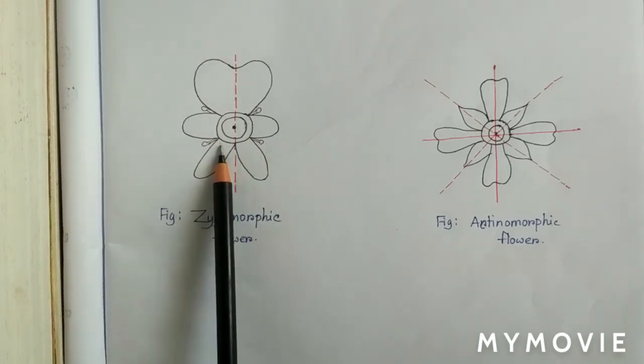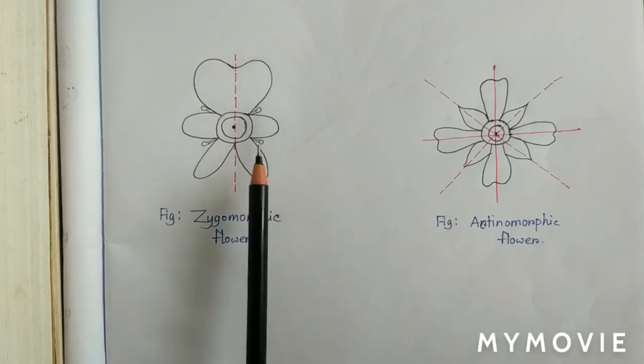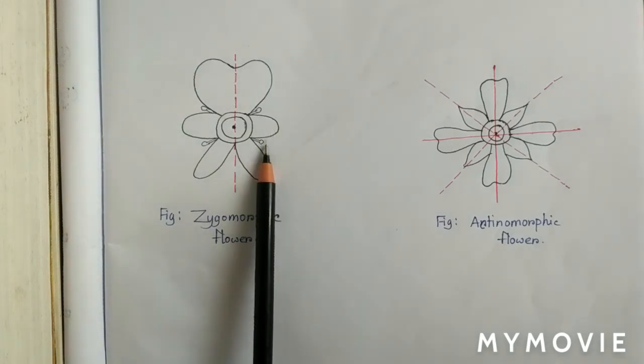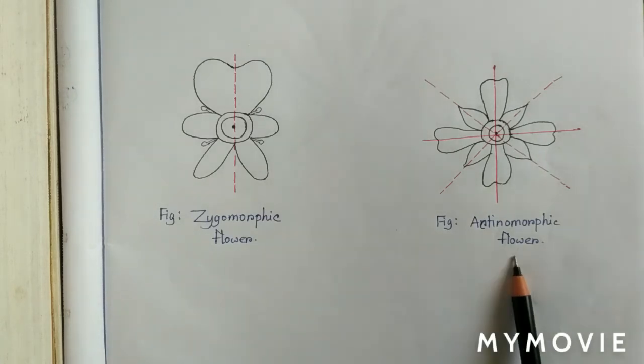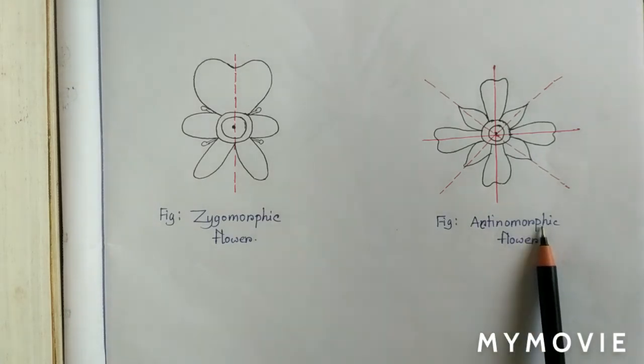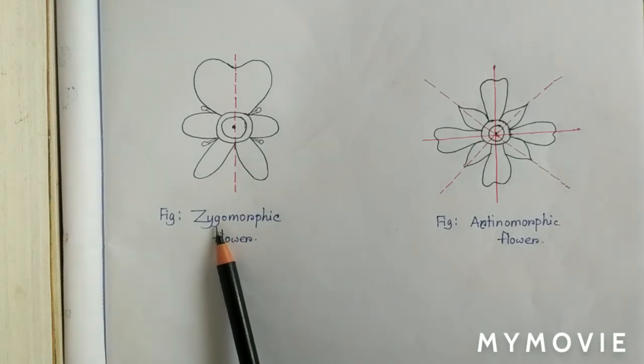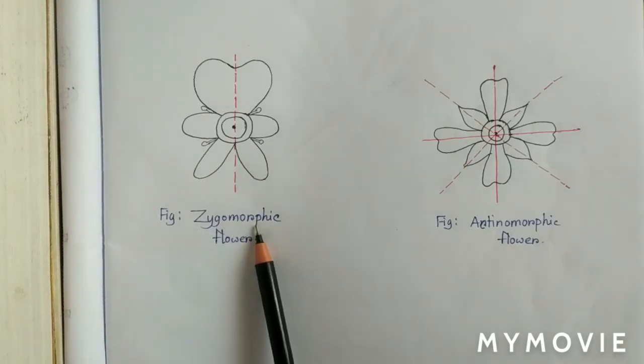Compare the flower and your body with each other, and you will find the symmetry. This is known as zygomorphic flower. The example of actinomorphic flower is datura or hibiscus, and the example of zygomorphic flower is butterfly pea or Aparajita.